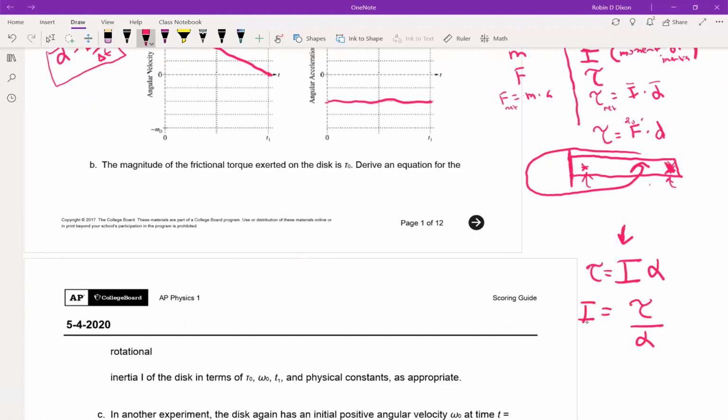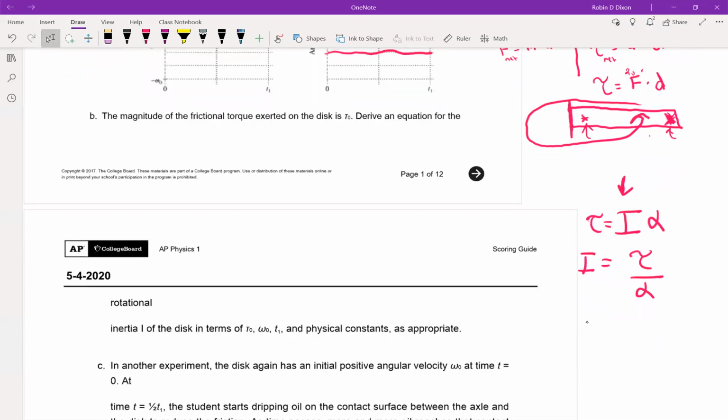Are we done? No, because we cannot have it in terms of angular acceleration, since it's not one of the variables they gave us. They said do it in terms of torque, angular velocity, and time.